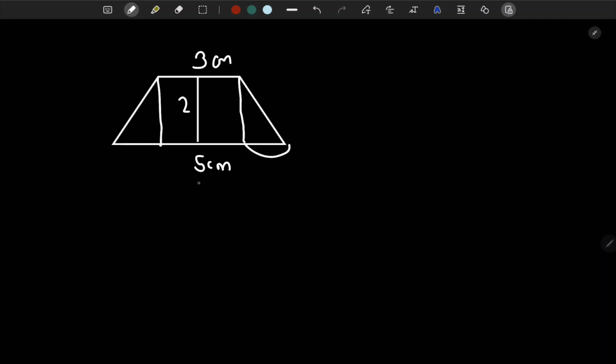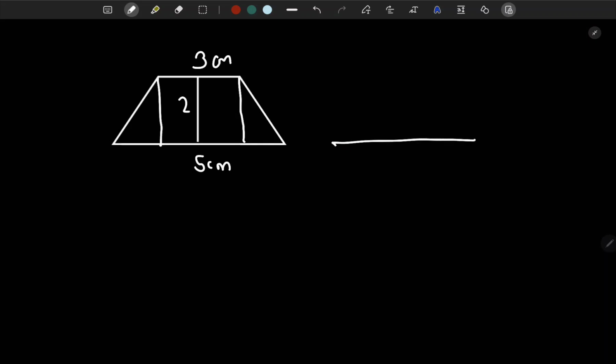Exactly. So what we can do is, we know that base 1 is 5 and base 2 is 3. And if we subtract both of them, what will we be left with? We will be left with these two bases of the right triangle, right? Can you visualize that?